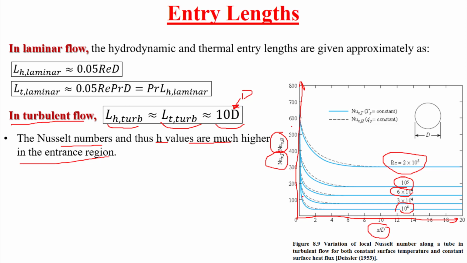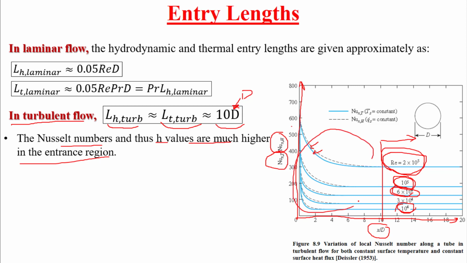Okay, so this scenario is for turbulent flow. So the Nusselt number for both of them, hydrodynamic or thermal, is almost the same. You can notice clearly. And they are identical, become exactly the same, for the fully developed region.